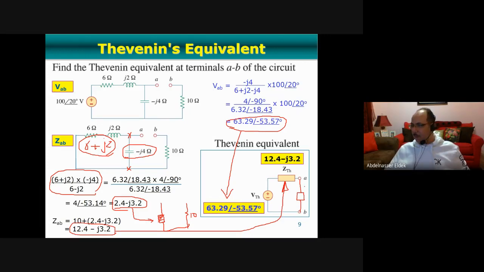So in this case, if you have 12.4 plus j3.2, then when you add them, because they are in series, negative j will cancel positive j, then the total j will be 0. Then you add just 12.4 to 12.4, so it will be 24.8. So the total impedance here will be a 24.8 ohm resistance. And then of course you can calculate the power here very easily.